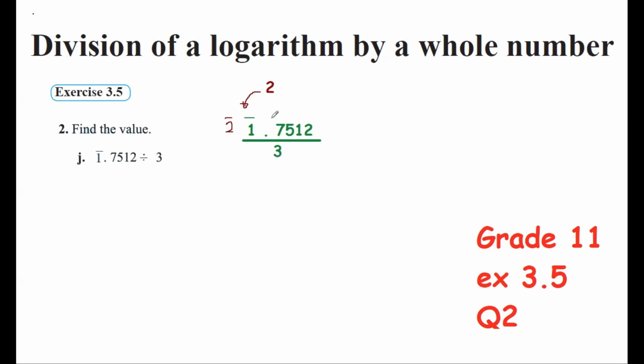So for this section, move the +2. Right? Okay, let's look at the number, how it is forming. Bar 3 plus 2.7512. Now we are going to divide it by 3.